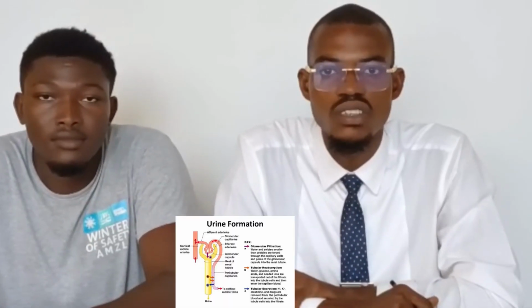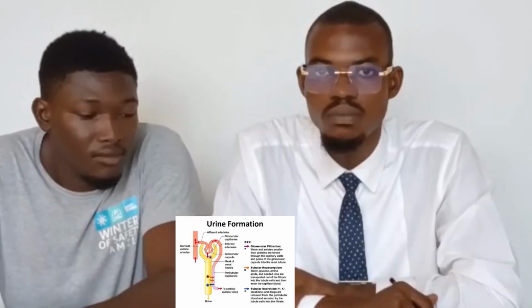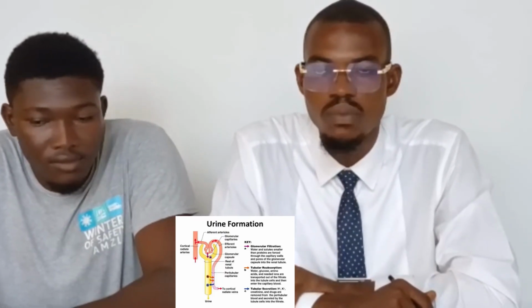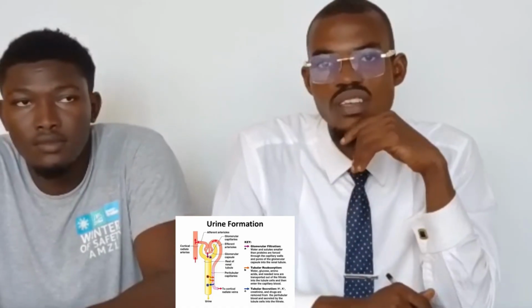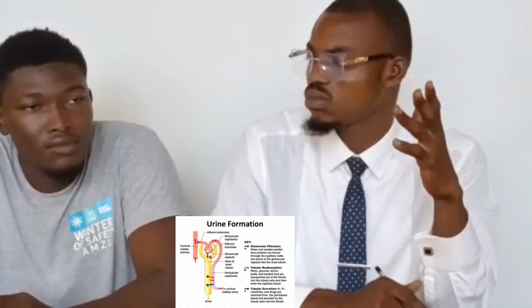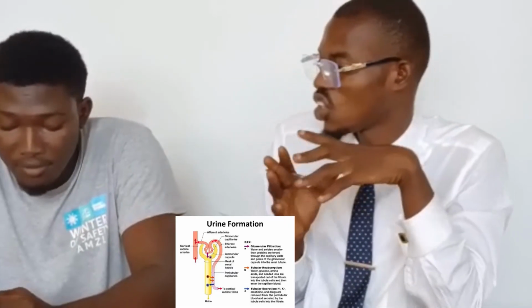Now, talking about urine and urine formation. Urine is one of the major wastes secreted by the body. When we talk about urine, we talk about a complex waste of many substances, because inside the kidney is where you receive most of this urine and some other electrolytes that are being filtered out by the kidney.